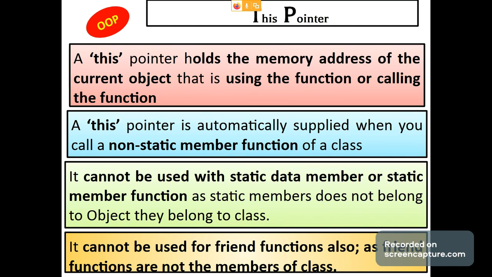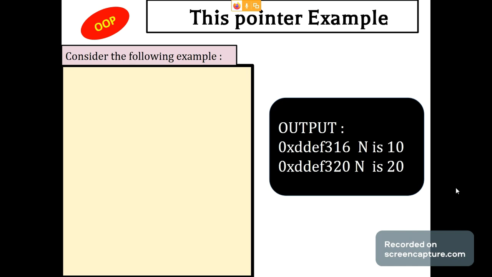Always remember, it cannot be used with a static data member or static member function, and it cannot be used with friend functions either, as these are not members of the class. Static data members and static member functions are members of a class but not members of an object, and friend functions are not members of a class. Hence, in both scenarios this pointer cannot be used.